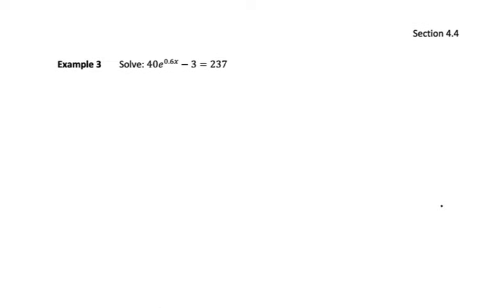We're going to do one more example here that's a little bit more complicated, and that's example 3. So here we have e to the power of 0.6x multiplied by 40, subtract 3 equals 237. So I need to undo these other things around the exponent first. Like if this were 40x minus 3, I would add 3 first and then divide by 40. So it's the same idea here.